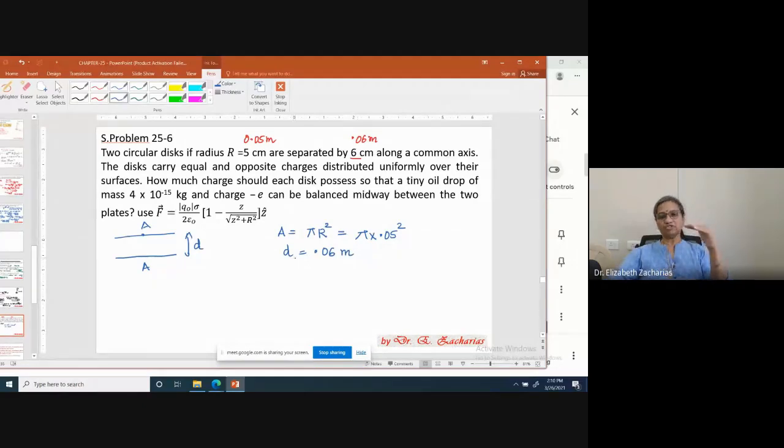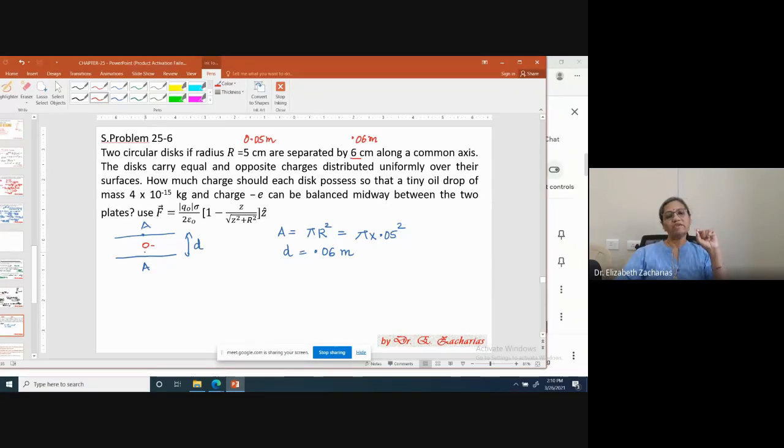One of them is positive, the other is negative. And the problem says that you are going to have an oil drop. This is Millikan's oil drop experiment. There is an oil drop which you want to suspend halfway between the two. It should not fall. It should be balanced exactly at the center. What is given about this oil drop?